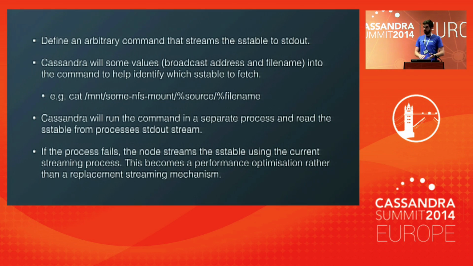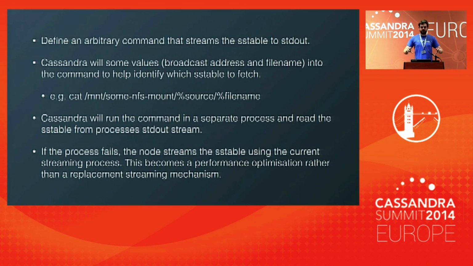Cassandra will then, sorry, there's a bit of a typo on that, inject some values into the command, which you can use to help identify which node the SS table is coming from. You can see an example up there.